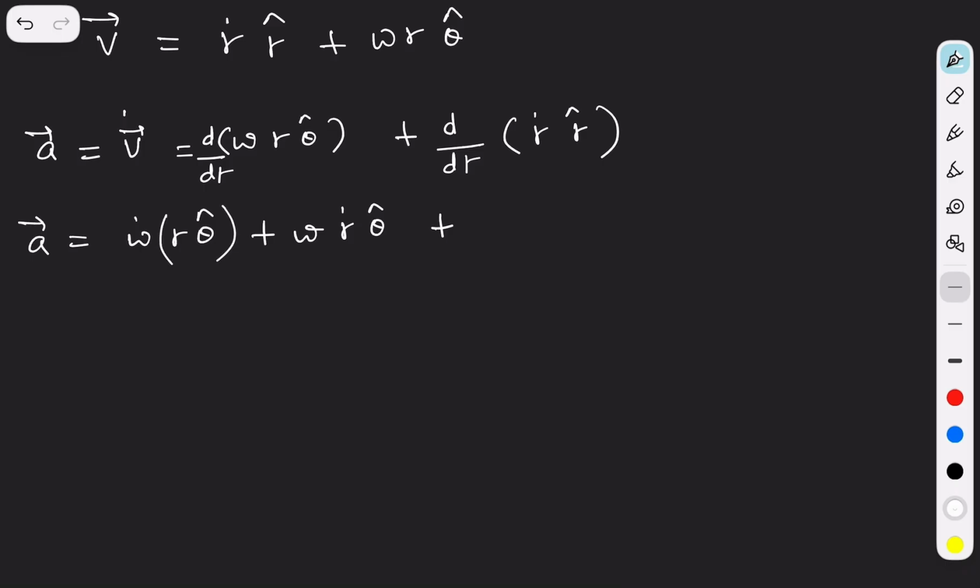So omega r dot theta cap plus omega r theta cap dot. So there are three terms we are getting.